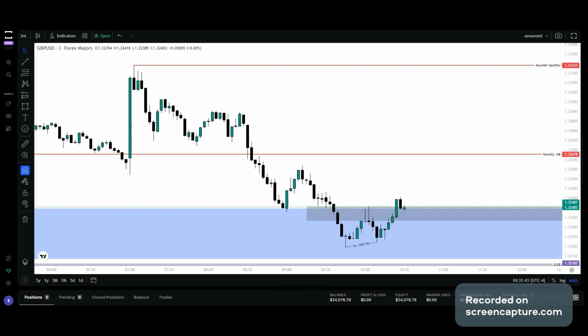But at this point here, stop loss will be about a 20-point stop below this low. So 20 to make 40.